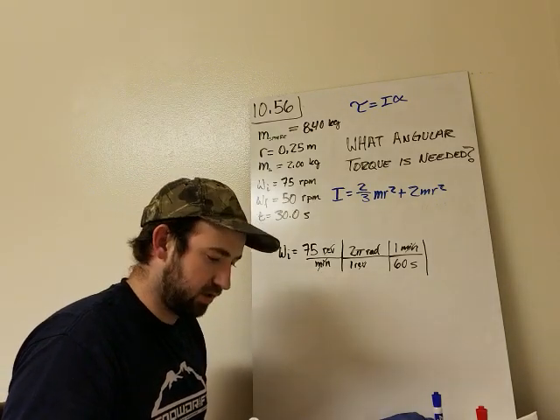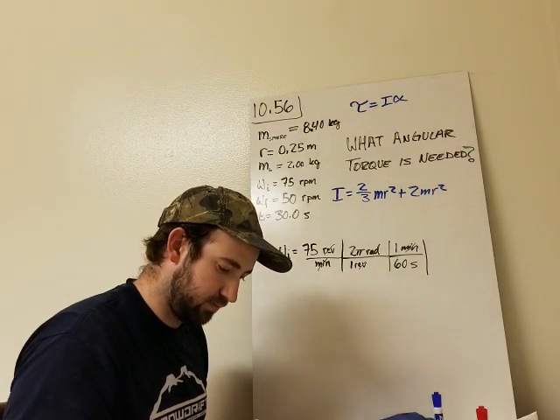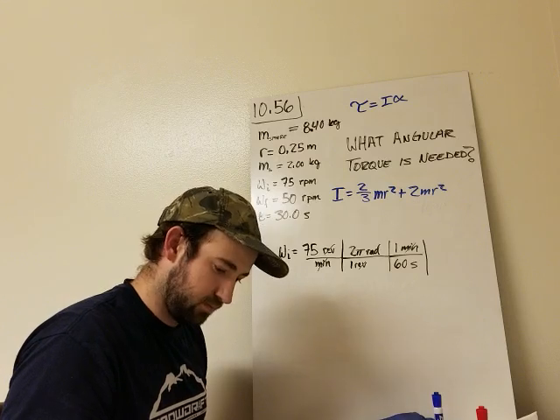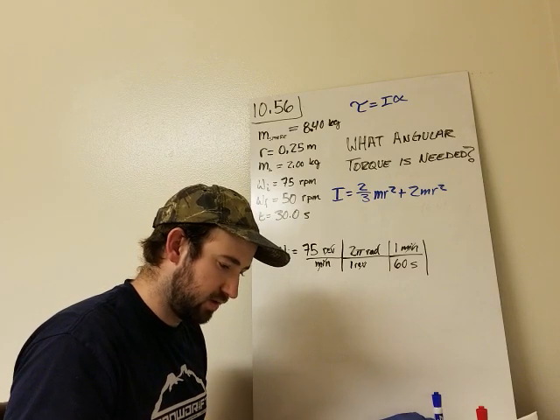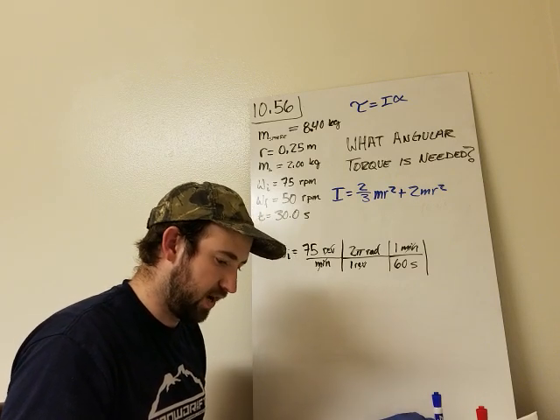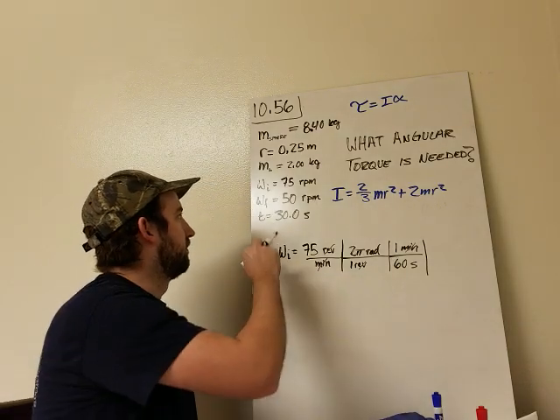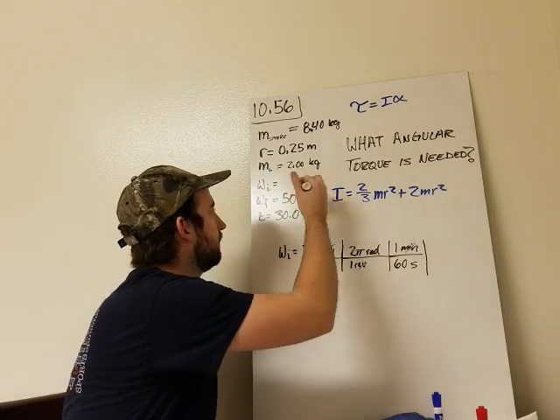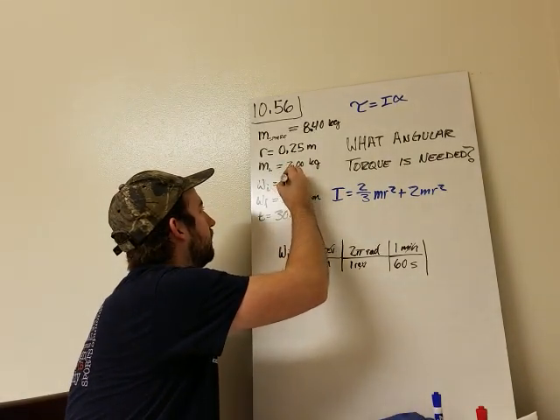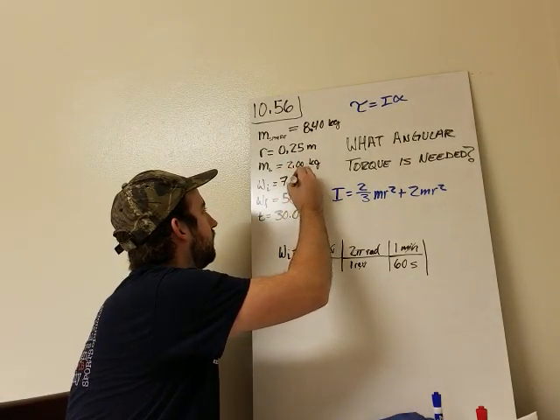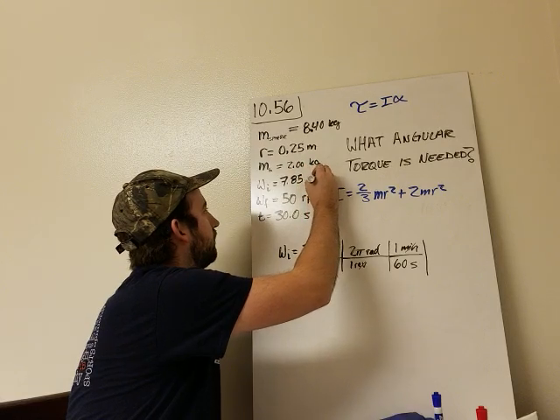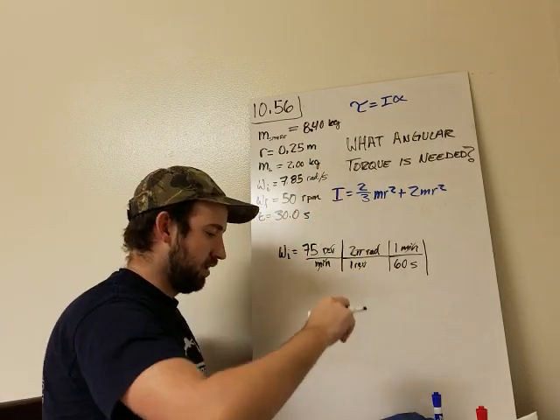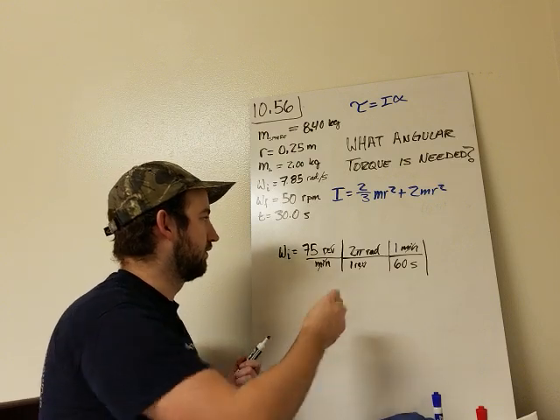So we plug that into the calculator, and we get about 7.85 radians per second for the first one. Then we'll do the same thing for the second.